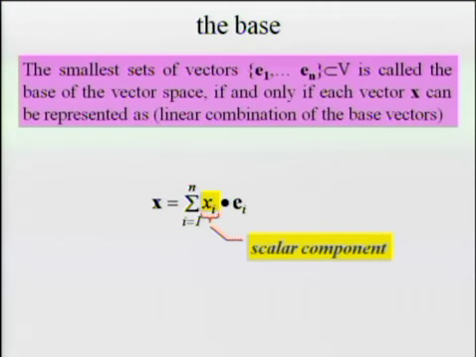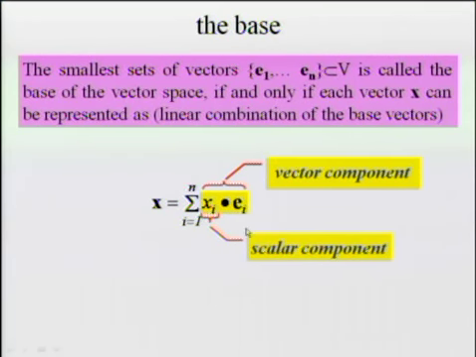If I represent a vector as the sum of those products, the numbers which we have over here are called scalar components of the vector. Why don't we repeat it? So this is scalar component of a vector. Now, the number multiplied by that base vector is called vector component of a vector. Say it.